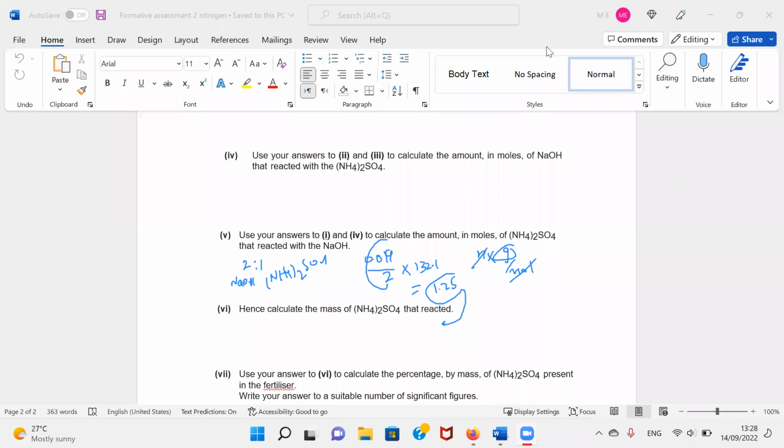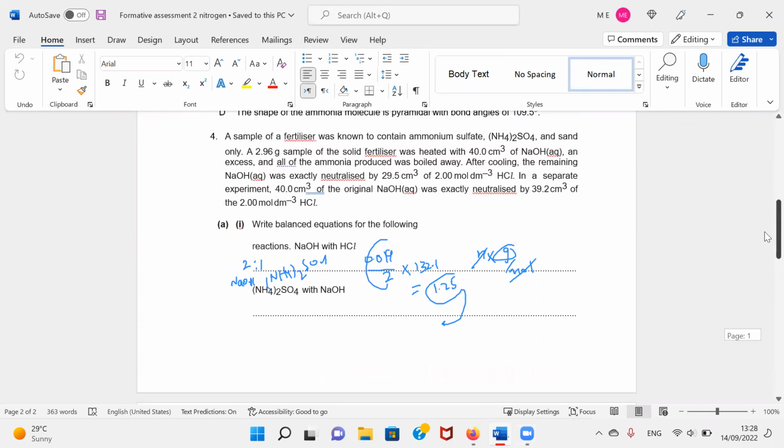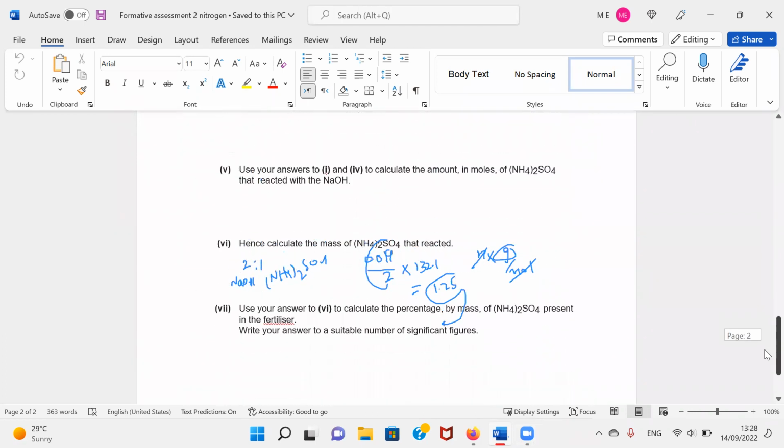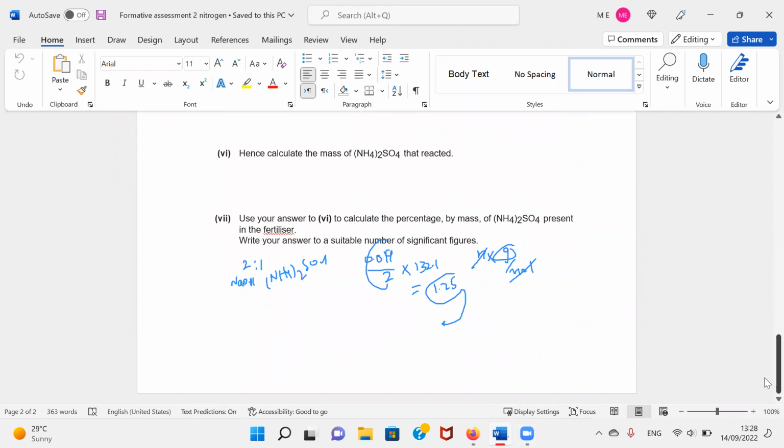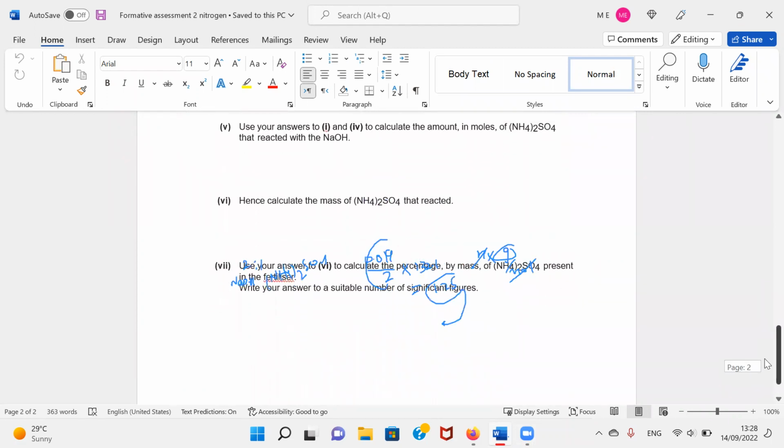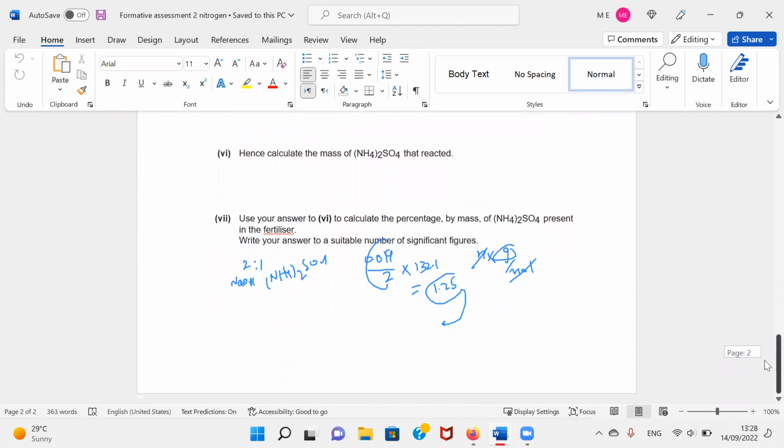Just to double check, yeah, the sample is 2.96. So here you have 2.96, and here we have 1.25 times 100.